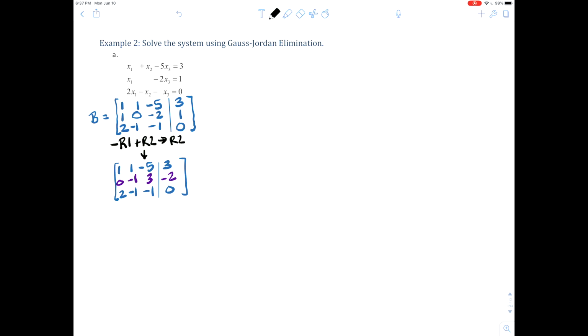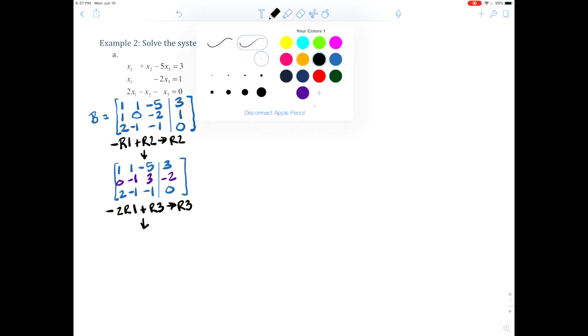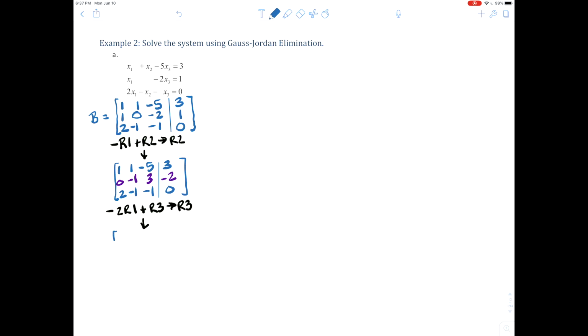And this matrix is equivalent to matrix B. Cool? Okay, so now we want to get rid of the 2 that is in the third row, first column. So what do you think we ought to do? Awesome. -2 row 1 plus row 3 for a new row 3. Rewriting rows 1 and 2 this time, because they'll be the ones that are unchanging.